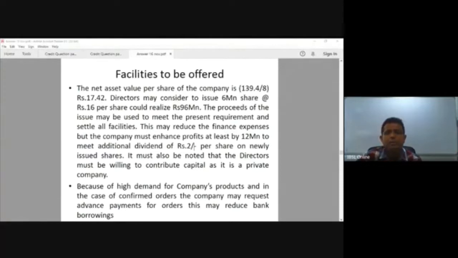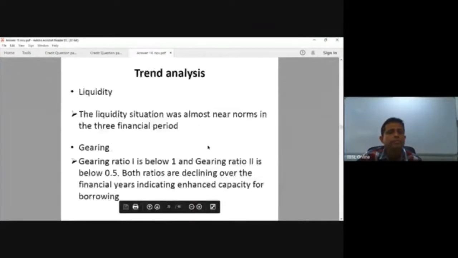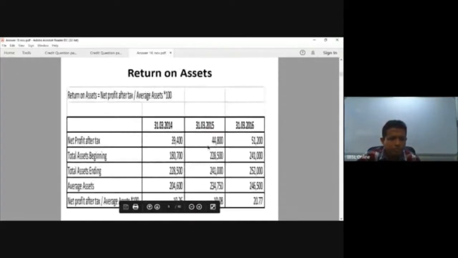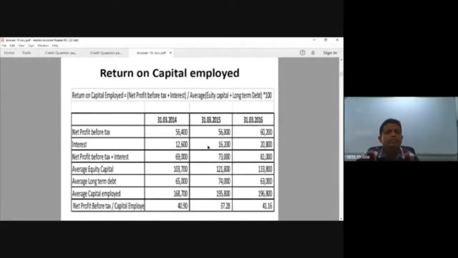Average capital employed. I'll go to that. Here. Now, the first part I am not going to explain. That is the net profit before tax and before interest. That is very straightforward.